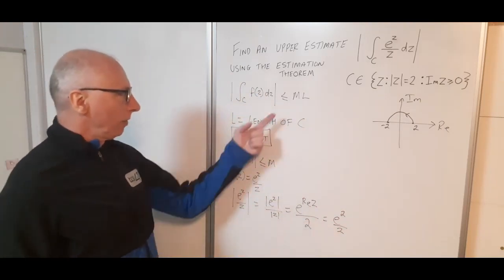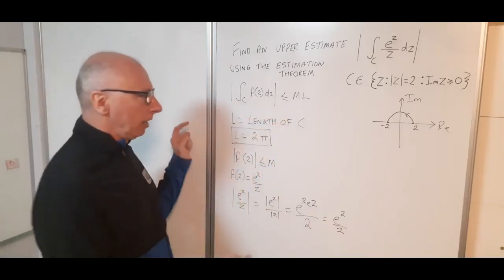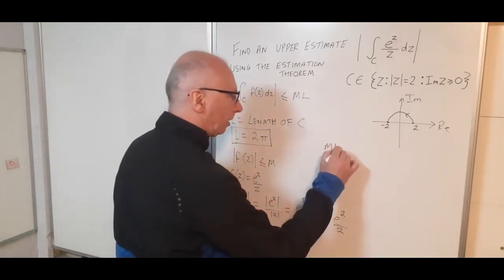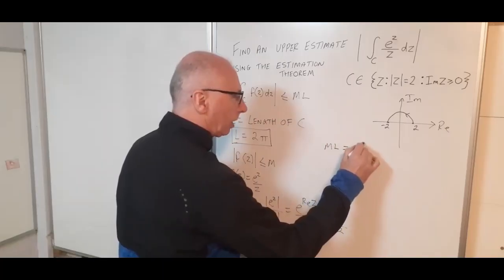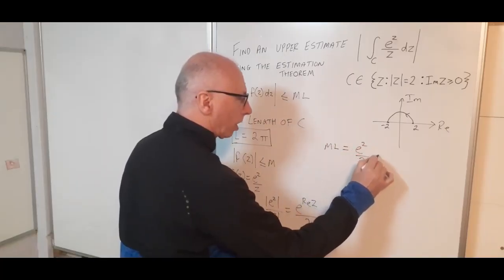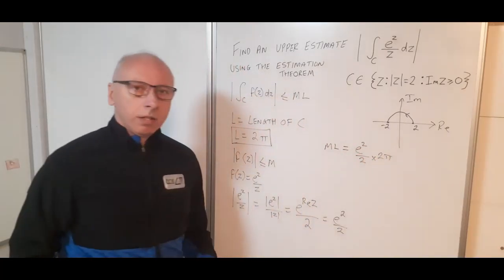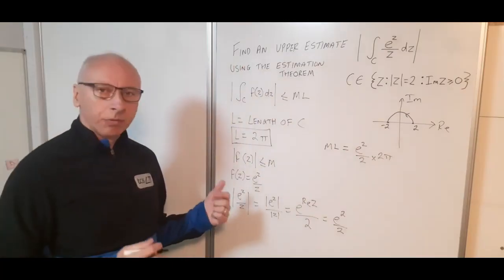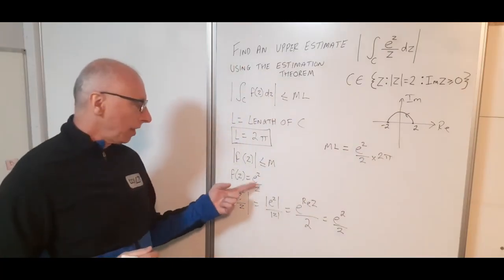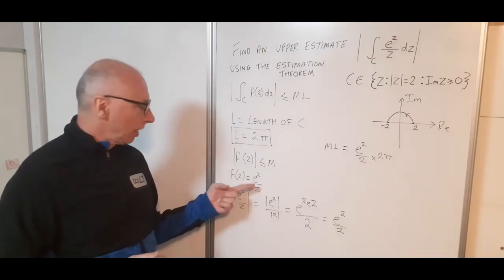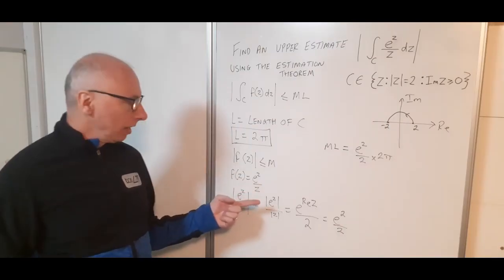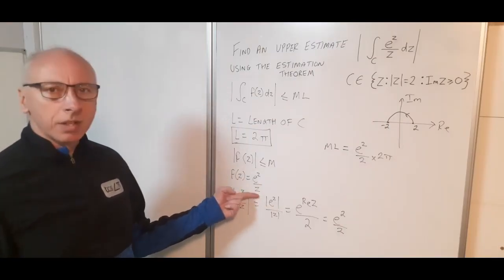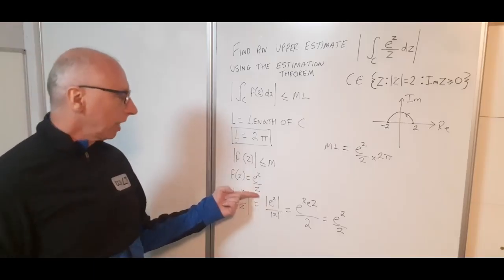So now with this we can just define our ML. So ML will equal e squared over 2 times 2 pi. So we just need to make sure before we finish with our answer that this is a continuous function. Now e to the z over z, if z equals 0, this would not be continuous, there'd be a singularity there.